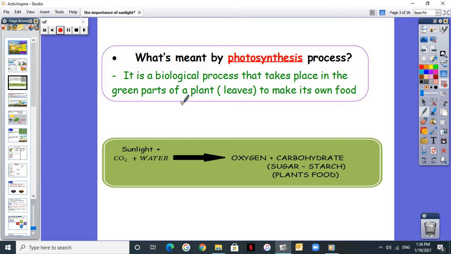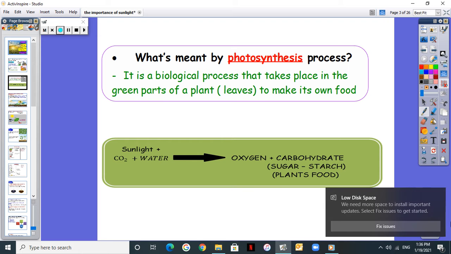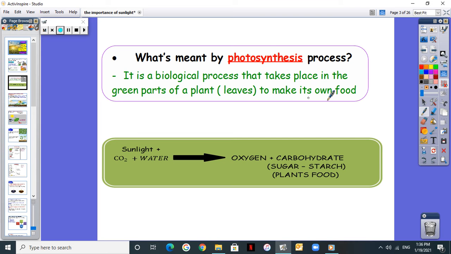Why do plants carry out the photosynthesis process? To make their own food. So again, photosynthesis means a biological process that takes place in the green parts of a plant, or in the leaves, to make its own food. So plants can make their own food by the photosynthesis process.